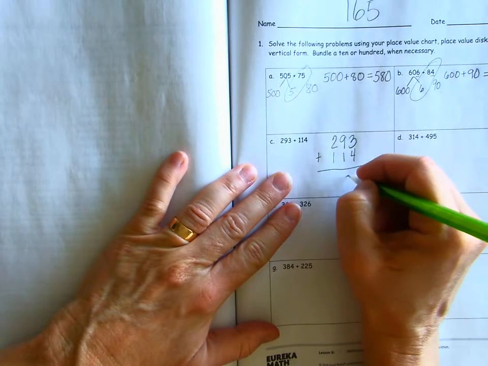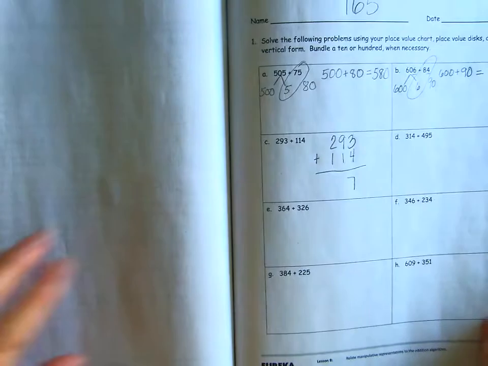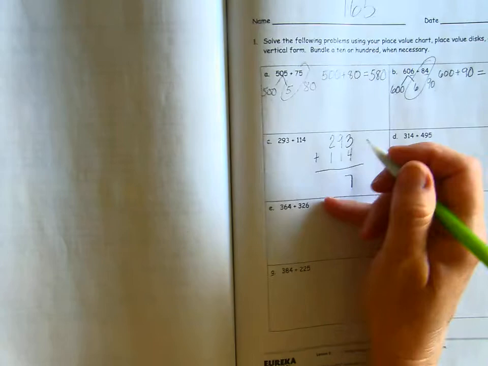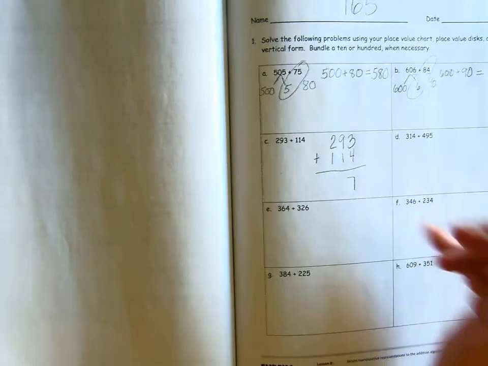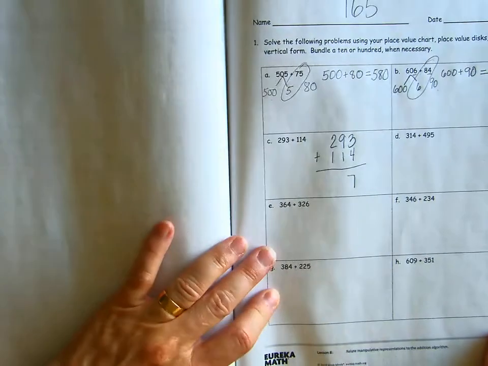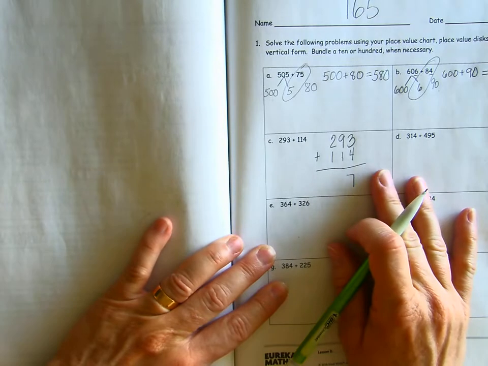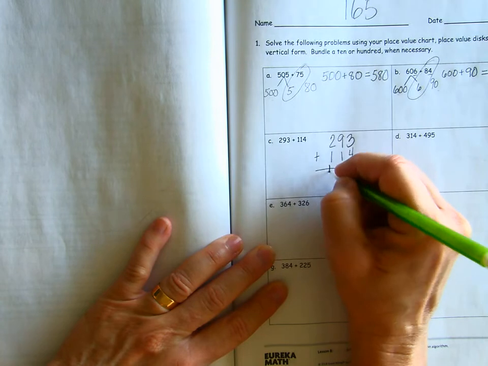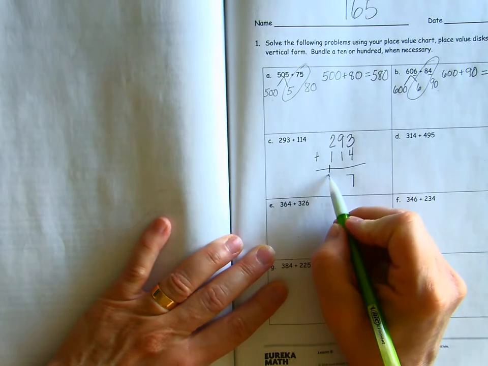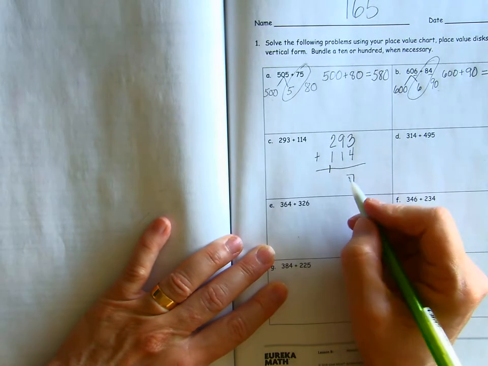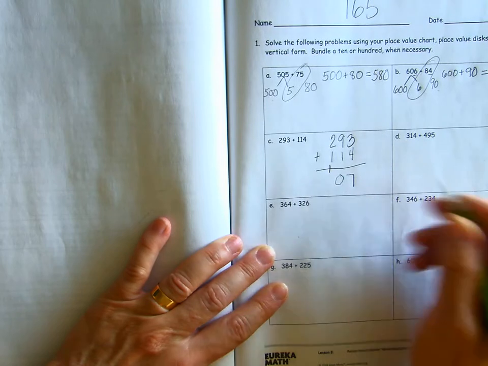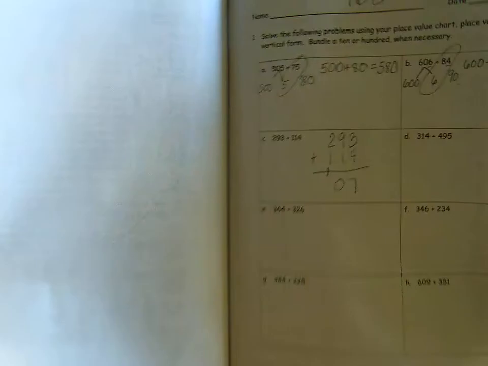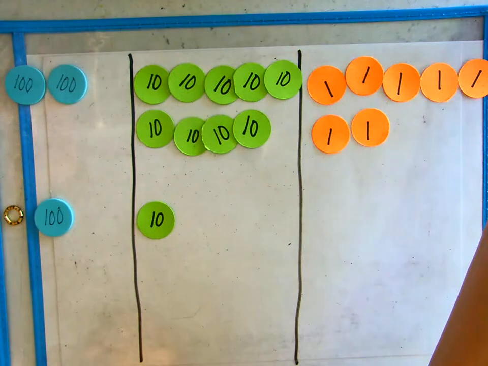3 plus 4 is 7. Now we're going to add 9 plus 1. Oh, 9 plus 1, that's going to make a group of 10. 10 tens is 100. So I'm going to put that new group of 100 there. And it's going to leave me with 0 tens. Let's look at that on our place value discs.